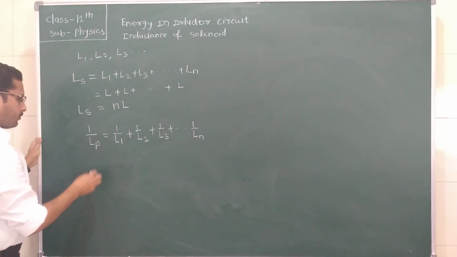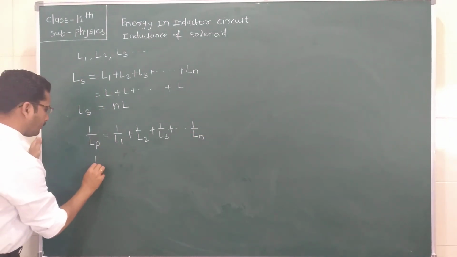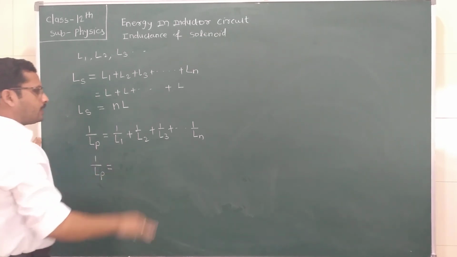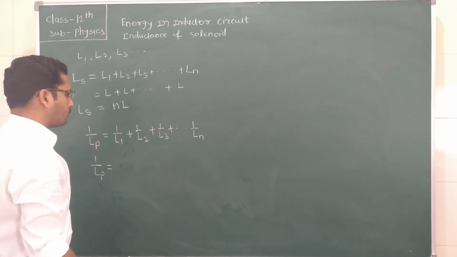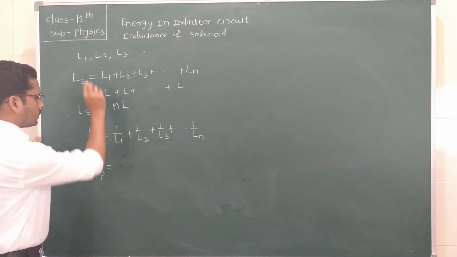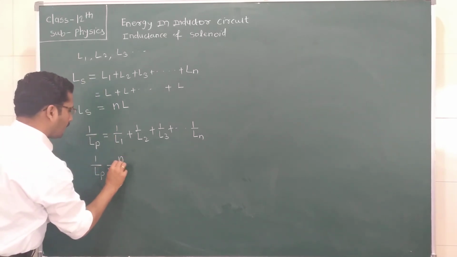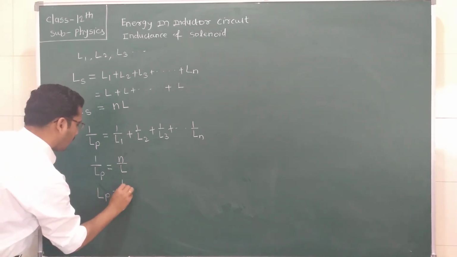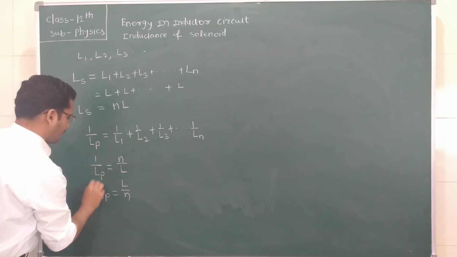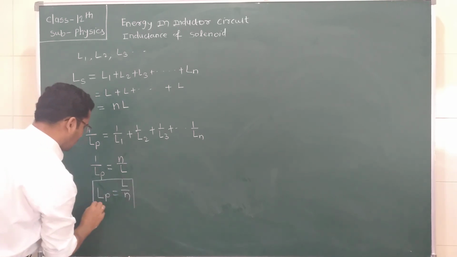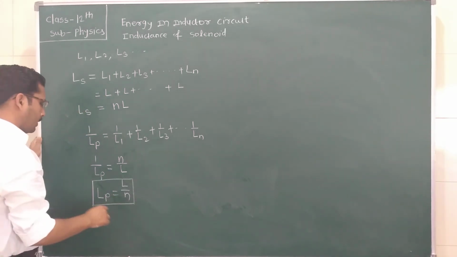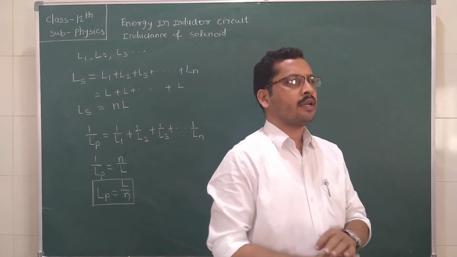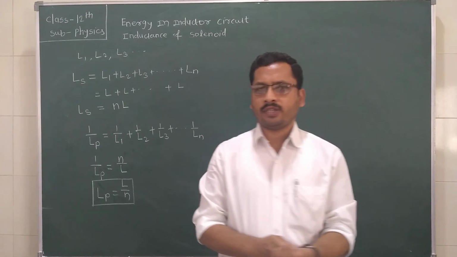Now if the inductance of each inductor is the same, equal to L, we can write this as n divided by L, or Lp is equal to L divided by n. So this is the simple equation for the resultant inductance when the inductors are connected in parallel combination and series combination.